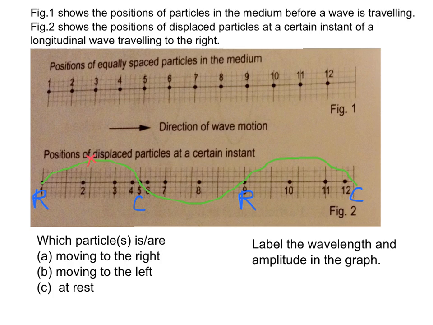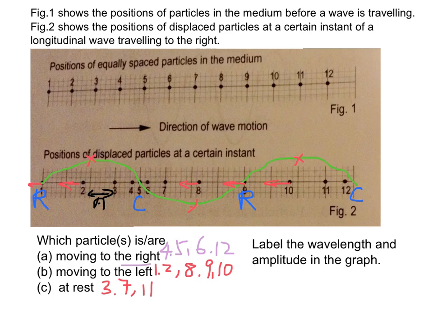The particles that are at rest are 3, 7, and 11. And the particles that are moving to the left are 1, 2, 8, 9, and 10. And particles that are moving to the right are 4, 5, 6, and 12. And the amplitude is A, and the wavelength is lambda.